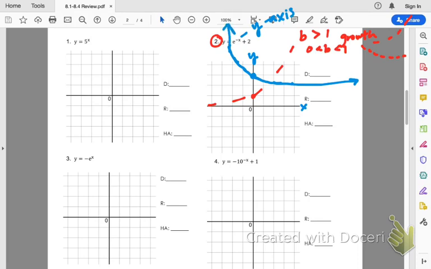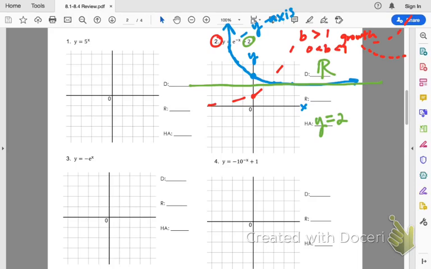And I will have a horizontal asymptote, and it's always at the last number. This is what got us on the quiz, but it's at y equals 2. And then for my domain, it's always all real numbers.